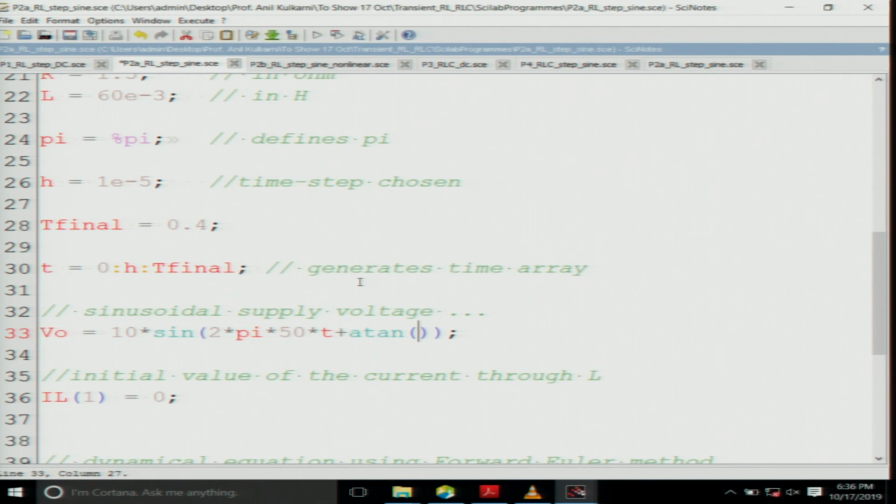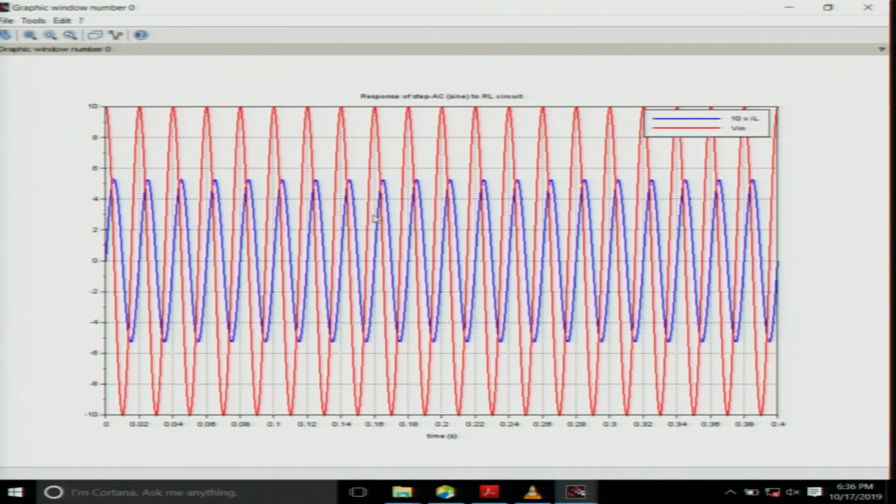So the instant of switching with respect to the waveform, say here the voltage waveform, is something which can change the transient. So we make the voltage source V sin omega t plus phi, where phi is equal to omega L by R. In this case, you will find that you practically have no natural transient, the system simply goes into steady state. So you can change the amount of natural transient which you see by adjusting the time instant of switching.